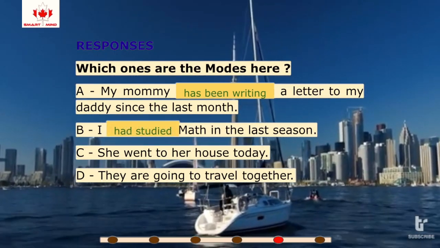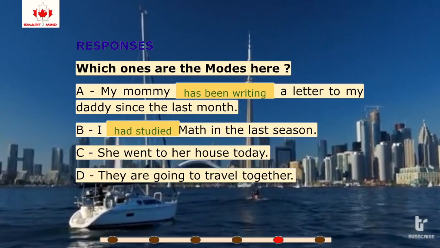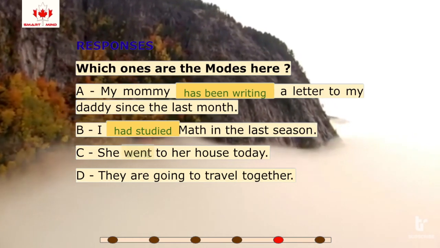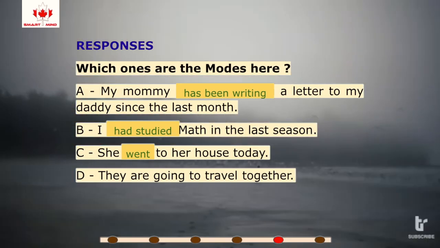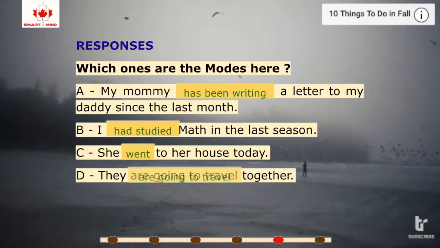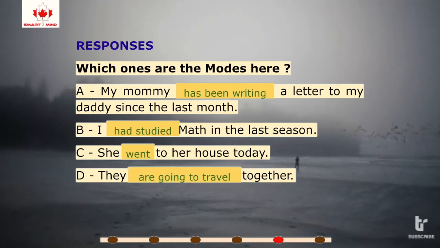Had studied. This is a past perfect. C. She went to her house today. Went. This is a simple past. And D. They're gonna travel together. Are gonna travel. This is a future simple.